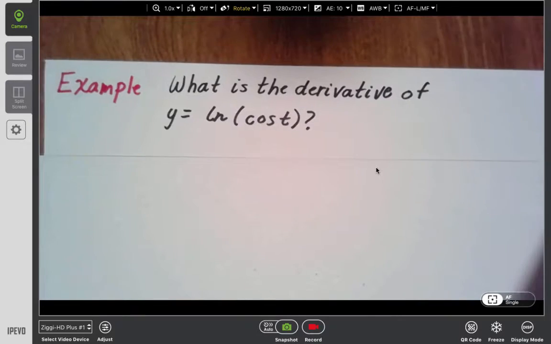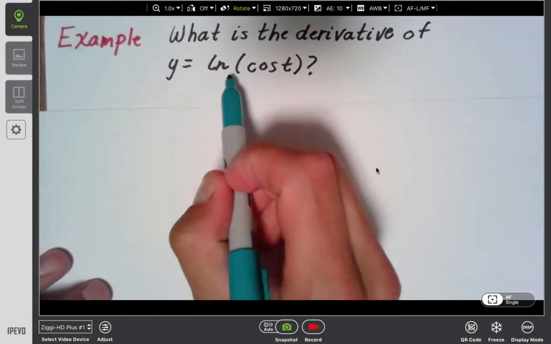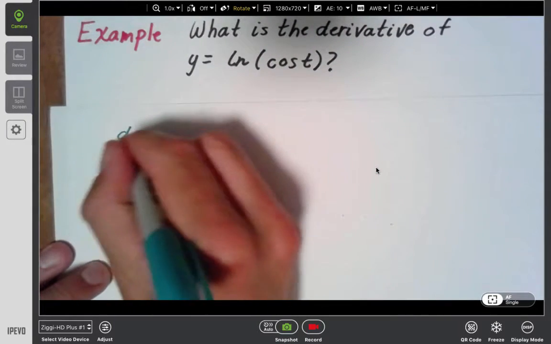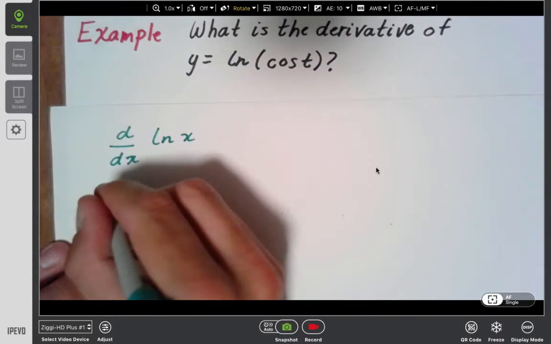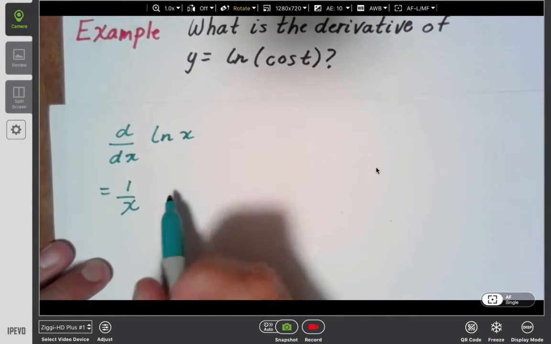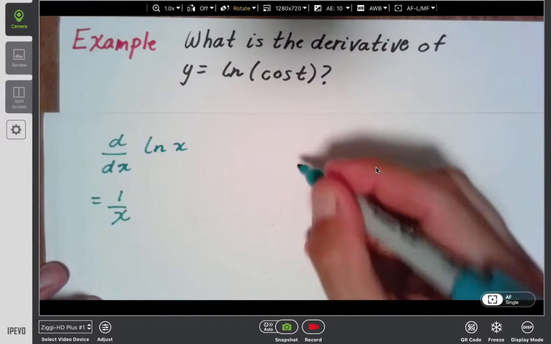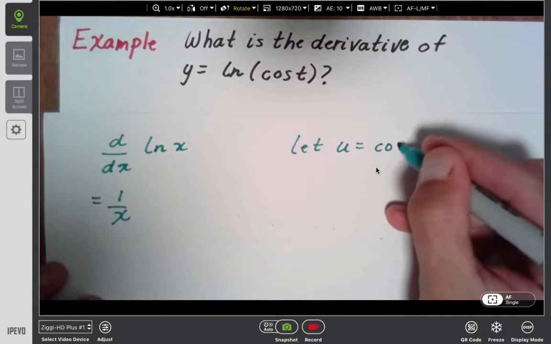Now that's where they get a little more complicated. What is the derivative of y equals the natural log of cosine of t? Well, first, the derivative of the natural log is 1 over x. Not terrible, but I don't have that here. I've got another function. So I'm going to let u equal cosine of t. That's going to be easier.